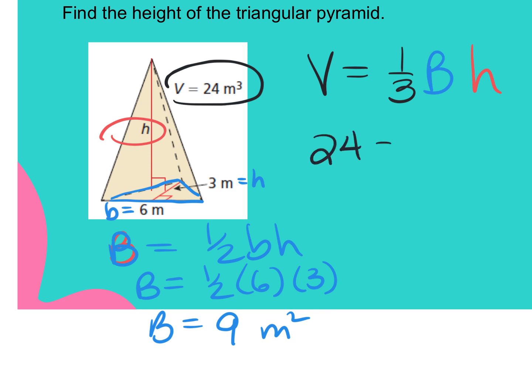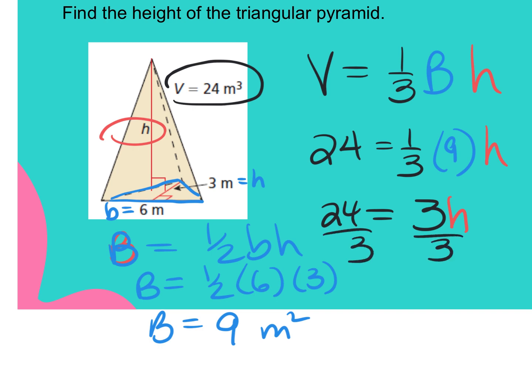It's 24. I just calculated the capital B to be 9, and I don't know the height. I'm going to go ahead and multiply 1/3 times 9, and this gives me 3. And now I have to just divide both sides by 3, and my height is equal to 8 meters.